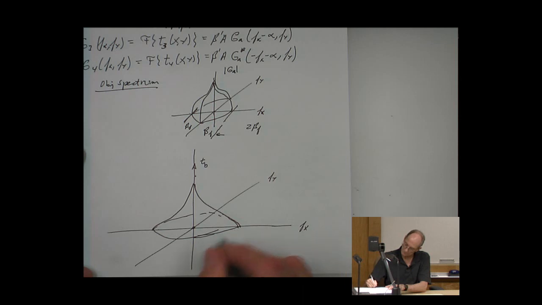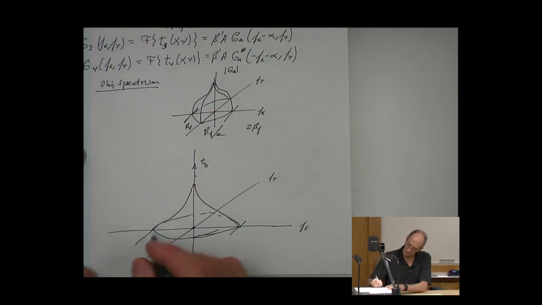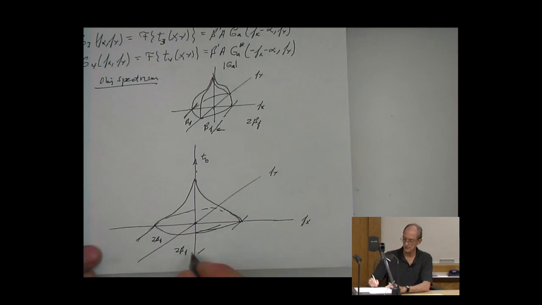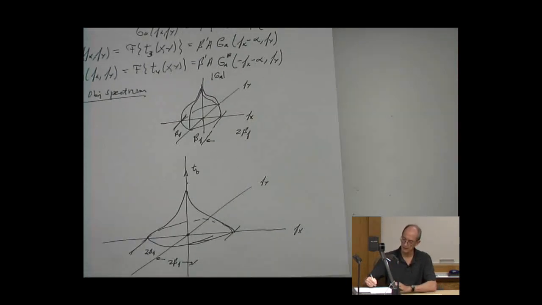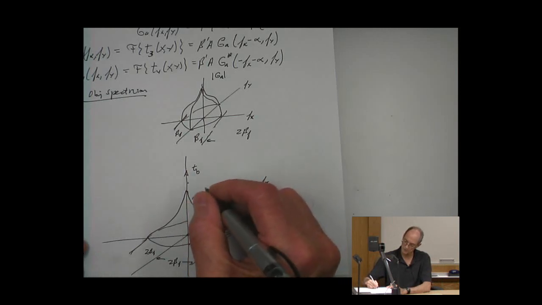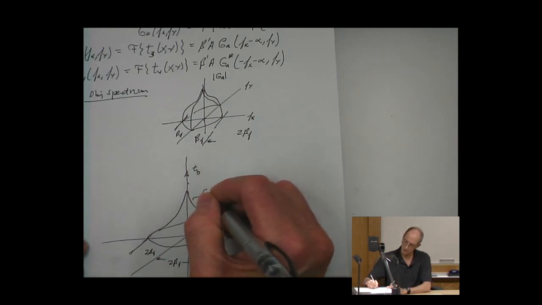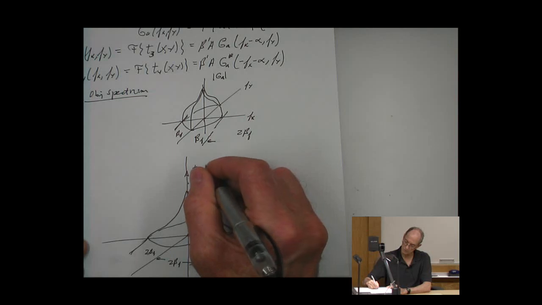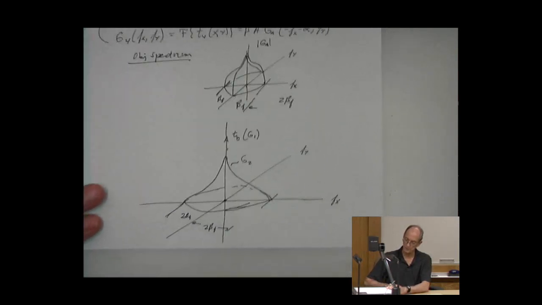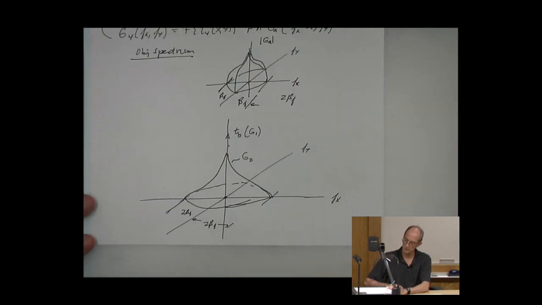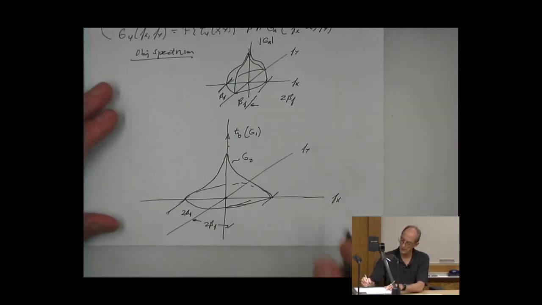Here we have a value of 2 beta f, and also another value out here, 2 beta f. So that's the range of this autocorrelation function. This is G2, this was G1, and now the other parts, G3 and G4, are the more interesting ones.